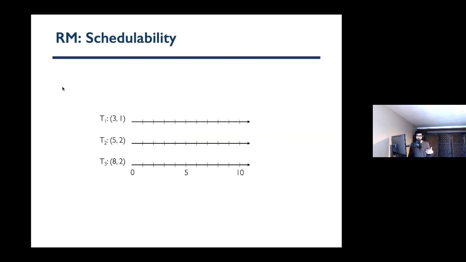So rate monotonic could still work it out. Time 1 and time 2 goes to T1 and T2, and then time 3 and 4 goes to T3. So you're done. You could put all the tasks there, and then it just repeats. So actually, we'll talk about a formula for this.